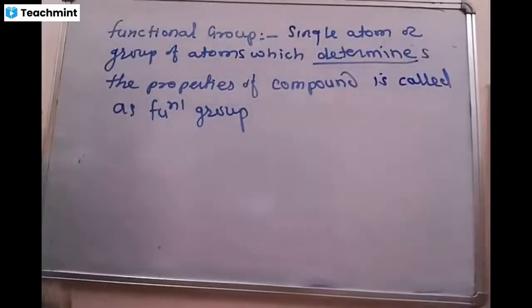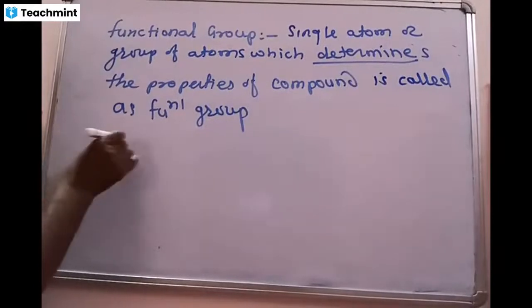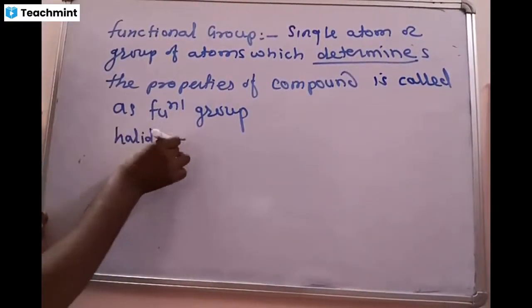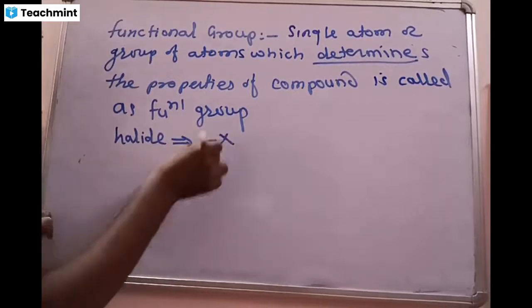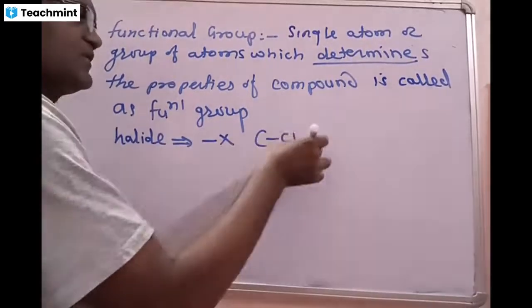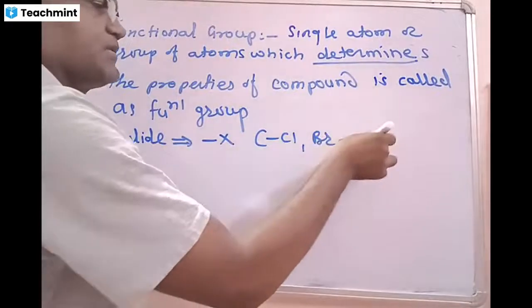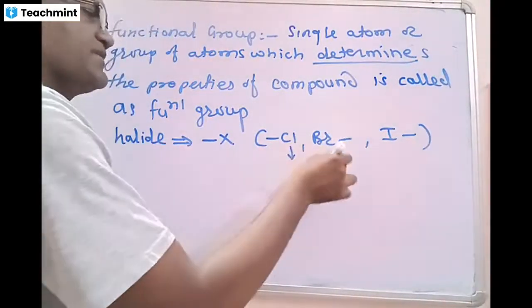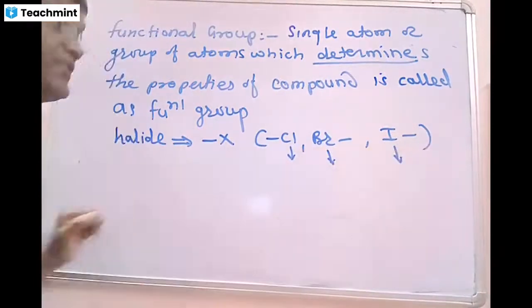So we can have this halide. You can have that Cl, or you can have that Br, or you can have that I. So this is for chloride, this is for bromide, and this is for iodide.